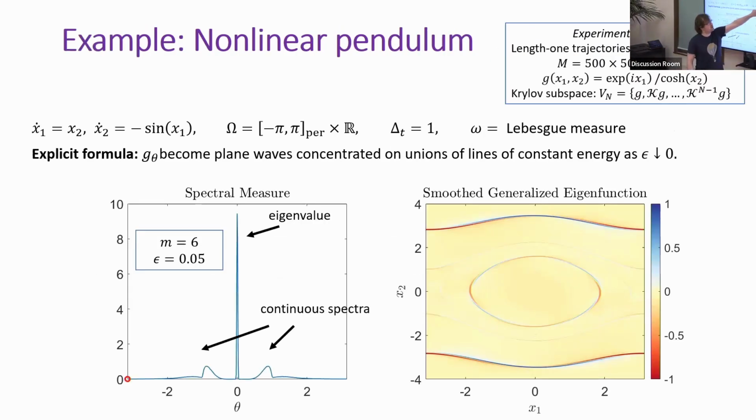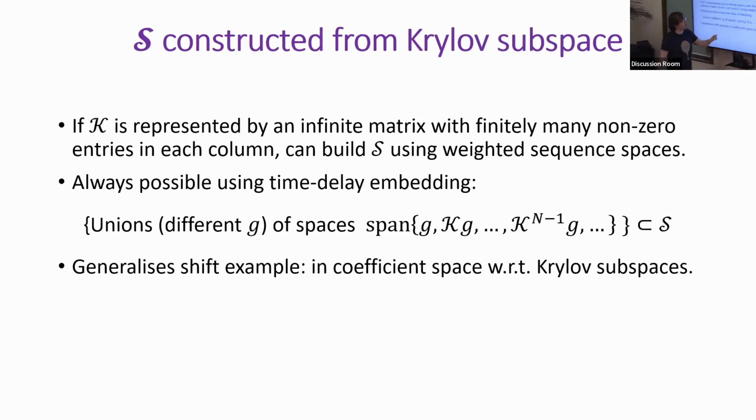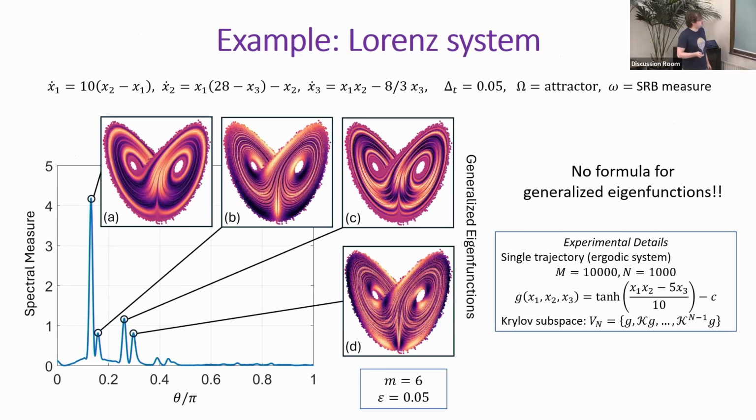Remember, G has to live inside your test function space. You can think of this as like Schwartz space, but in coefficient space with respect to Krylov subspaces. And that allows us to get generalized eigenfunctions of the Lorenz system.